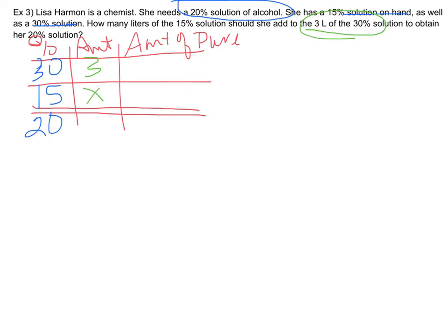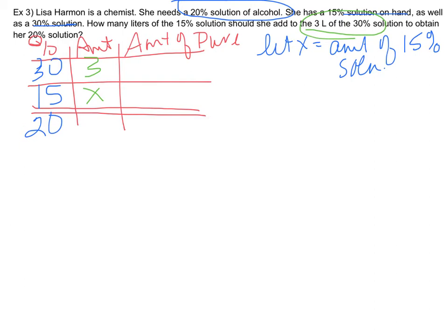That's going to be our variable. Anytime you introduce a variable, you have to write your let statement. So let x equal the amount of the 15% solution. Cool. Now, let's check and make sure we've got this.